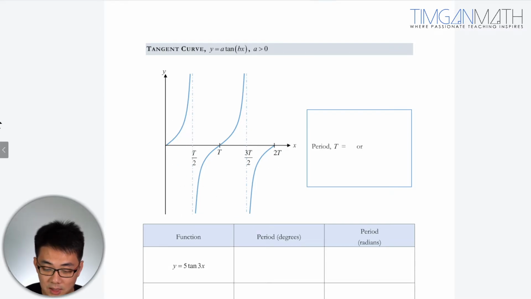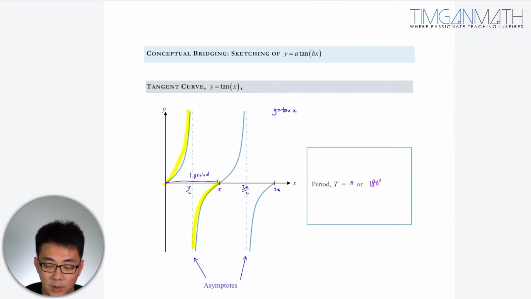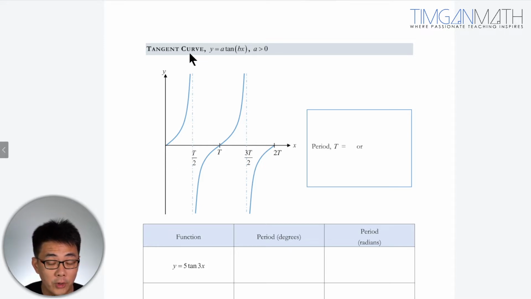So it's the same repeating unit here, but because there's no amplitude, you don't really need to worry about how it's going to look like. The a actually doesn't mean much if you're just drawing it. The shape is going to look the same, unless it's negative. Then in the subsequent part we'll discuss negative will be flipped about the x-axis.